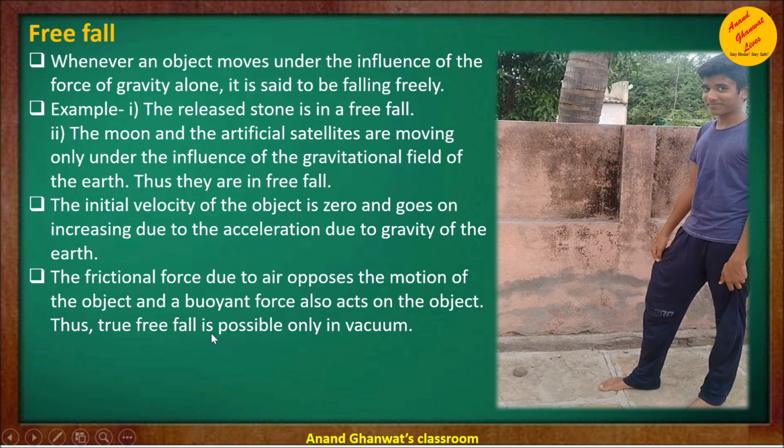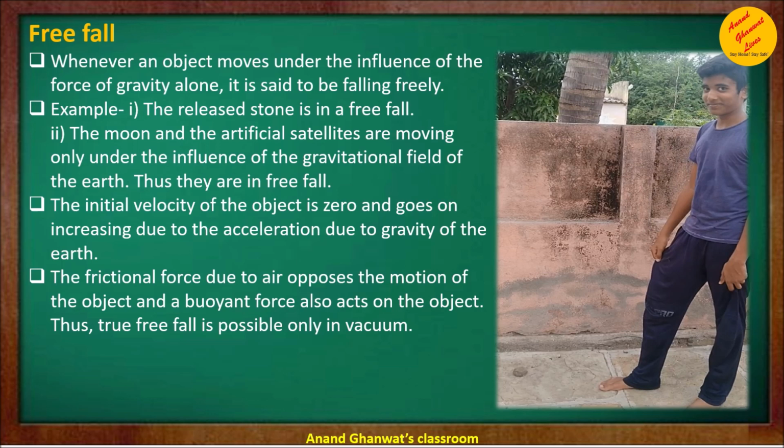Also, another force is there, which is called the buoyant force. This force also opposes the gravitational force applied on that object. So these two types of forces are acting on the falling stone. So actually we cannot say that this stone is in free fall, because these two types of forces are acting there.